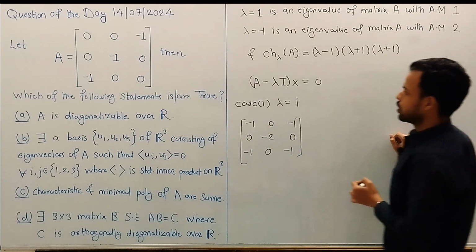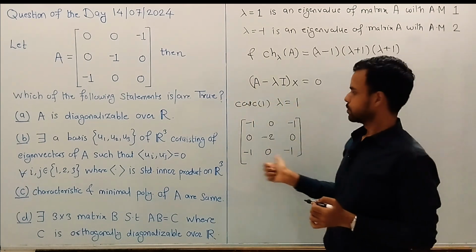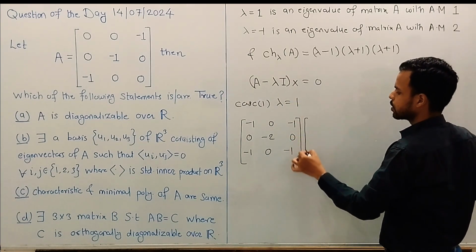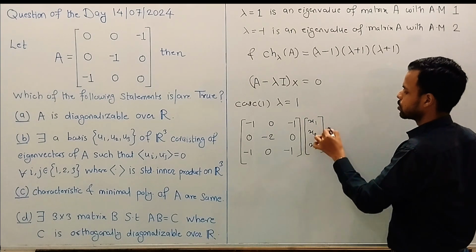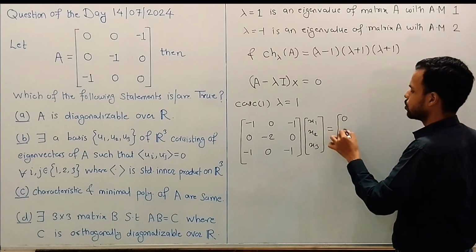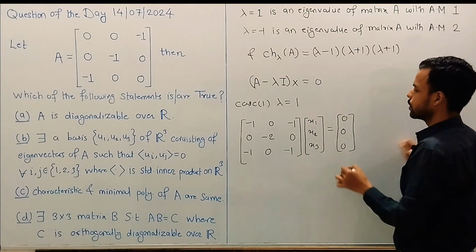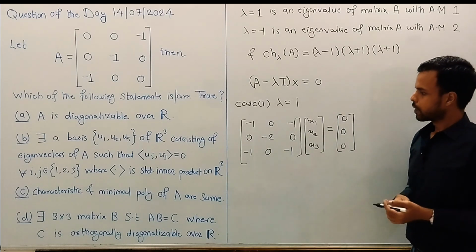This is the matrix A minus I, and let's write this vector as x1, x2, and x3.